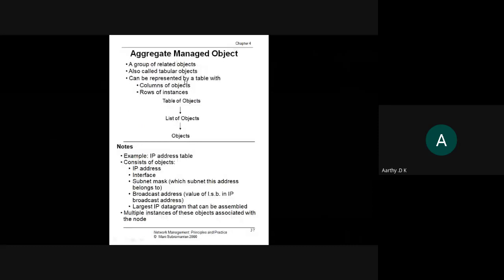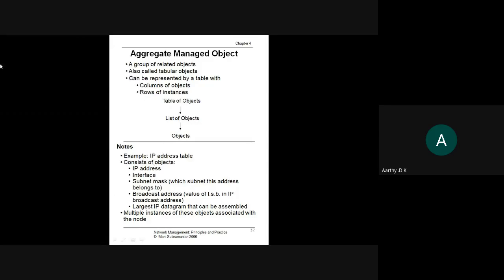So this is an aggregator, that is, a grouping of objects. If you remember from the previous class, the IP address table, we took it as your managed object where the objects are grouped. It used the sequence data type that we have in ASN.